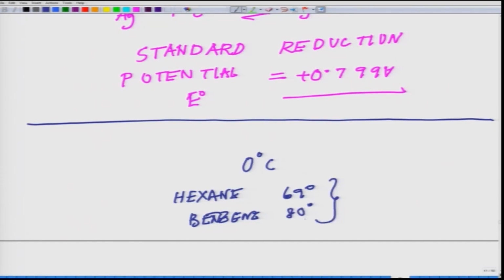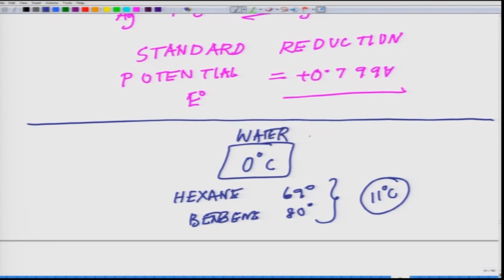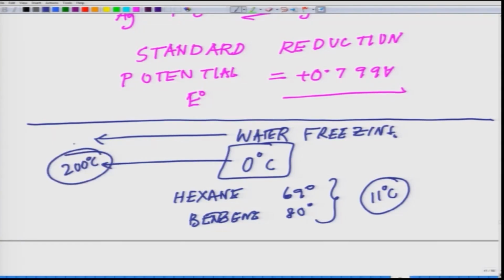So the difference between the two, what we essentially did when we had the cadmium and silver electrode, will be 11 degrees centigrade, right? Now suppose I change the reference from 0 to say 200 degrees centigrade. I arbitrarily change the reference. Then what will happen? These two values will shift to say 269 and 280. Still the difference will remain 11 degrees centigrade.